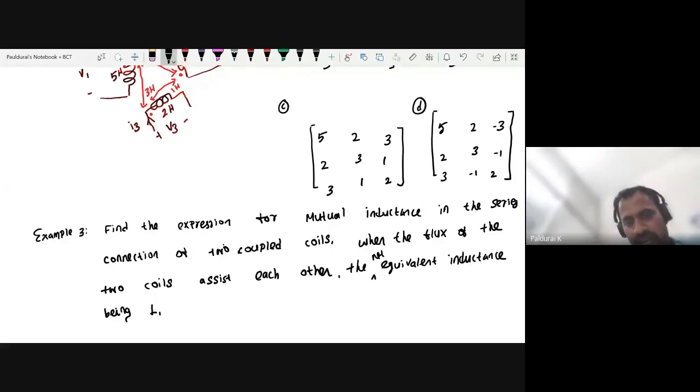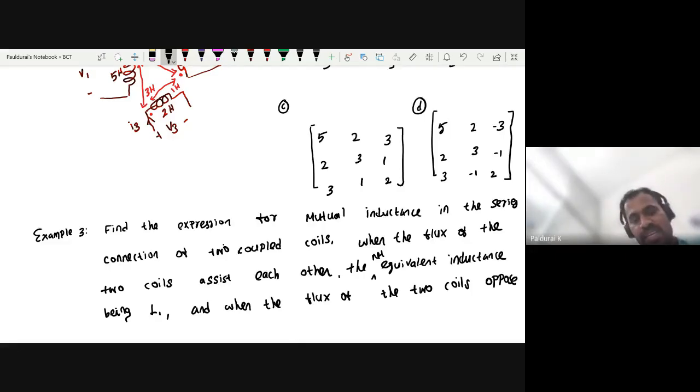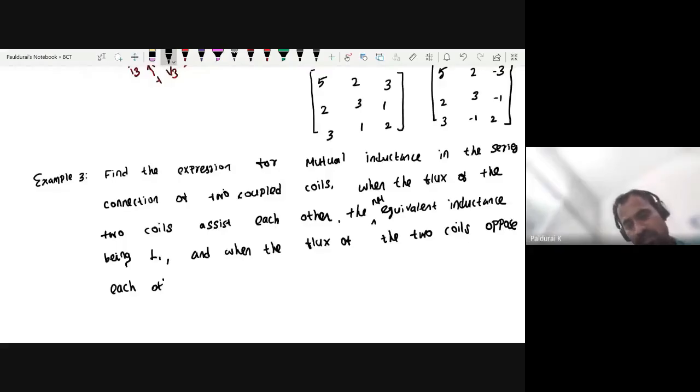When the flux of the 2 coils aid each other, the net equivalent becomes L1. And when the flux of the 2 coils oppose each other, the net equivalent becomes L2.